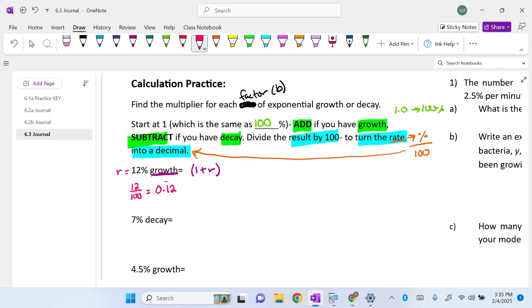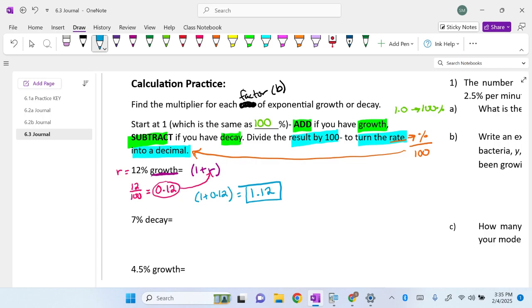I'm then going to take this value and plug it into the purple formula for R. So this then becomes 1 plus 0.12, which means our growth factor in this case is 1.12. So this would be our growth factor.